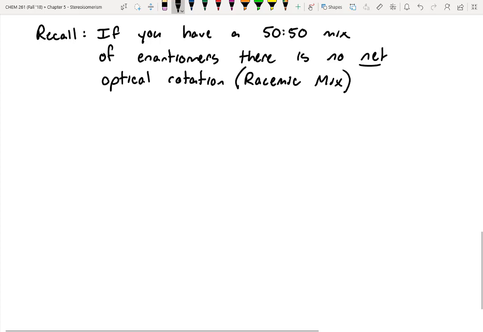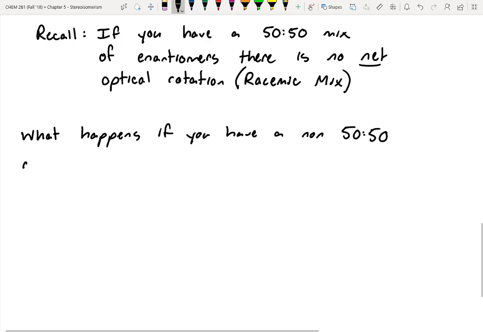Well, we must observe some optical rotation, right? So let's make some notes here. What happens if you have a non-50-50 mix of enantiomers?